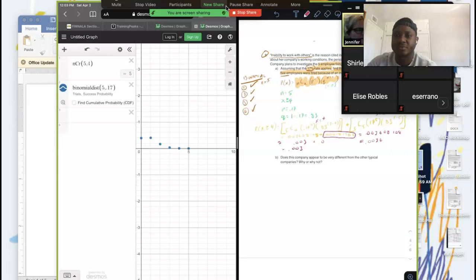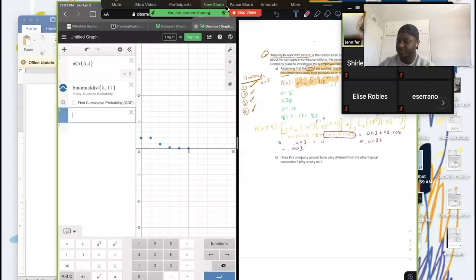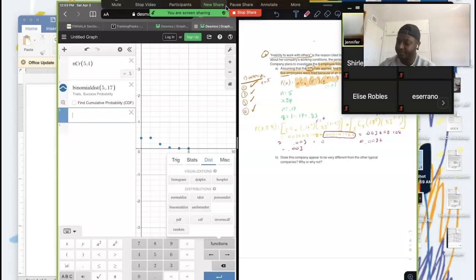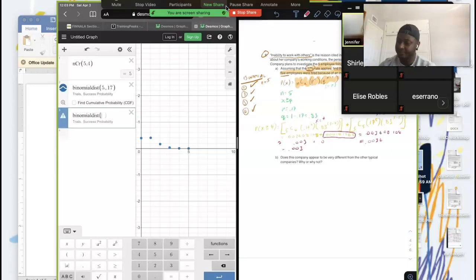Oh no, it's blurry. Oh, okay. So something was wrong. So here. So go binomial distribution, and then 5. Did you add a comma in between the 5 and the 0.17?